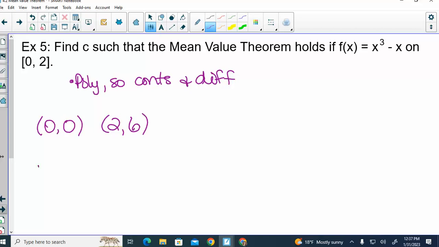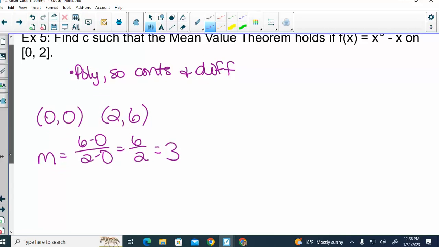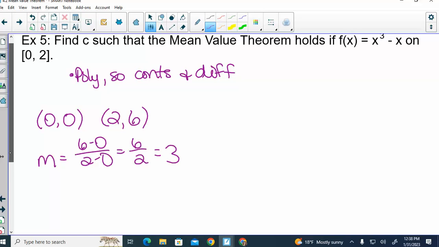So the slope between those, y sub 2 minus y sub 1 over x sub 2 minus x sub 1, we get a slope of 3. So now, the mean value theorem tells us somewhere the derivative is 3. So what's my derivative?